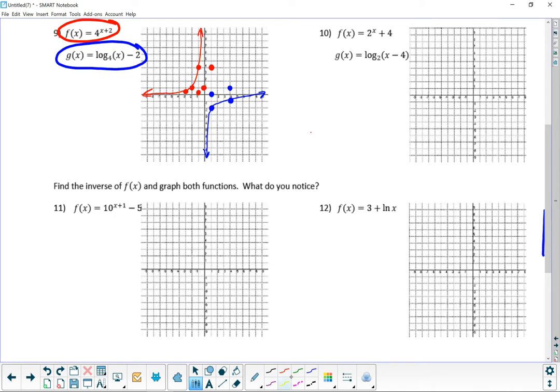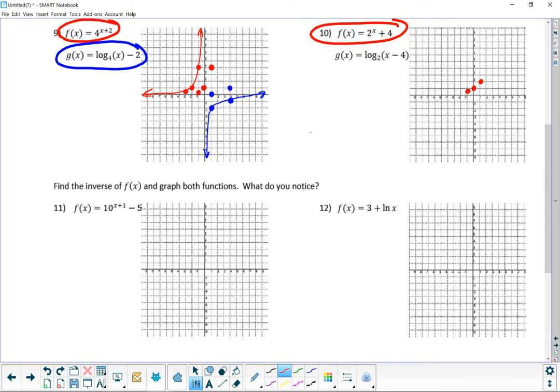Last one for this next section here. The parent function for this function is 2 to the x power, so I'm going to graph that. At 0, it's going to be 1. At 1, it's going to be 2. And at negative 1, it's going to be a half.